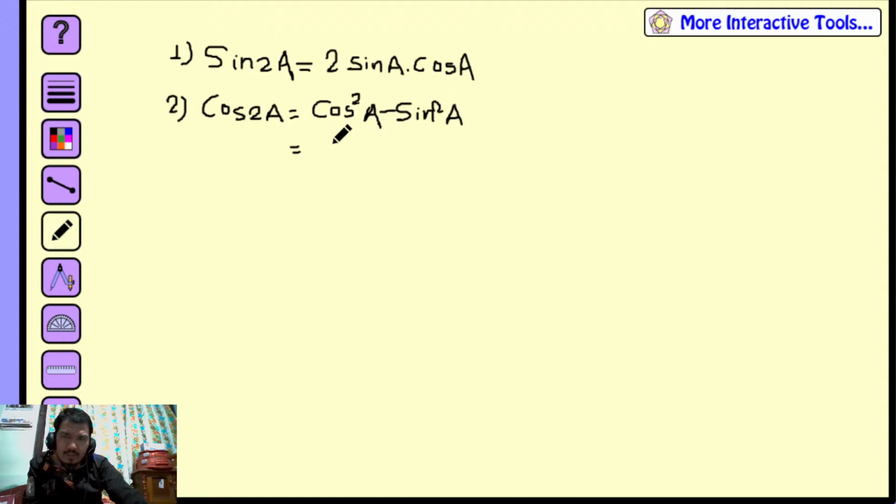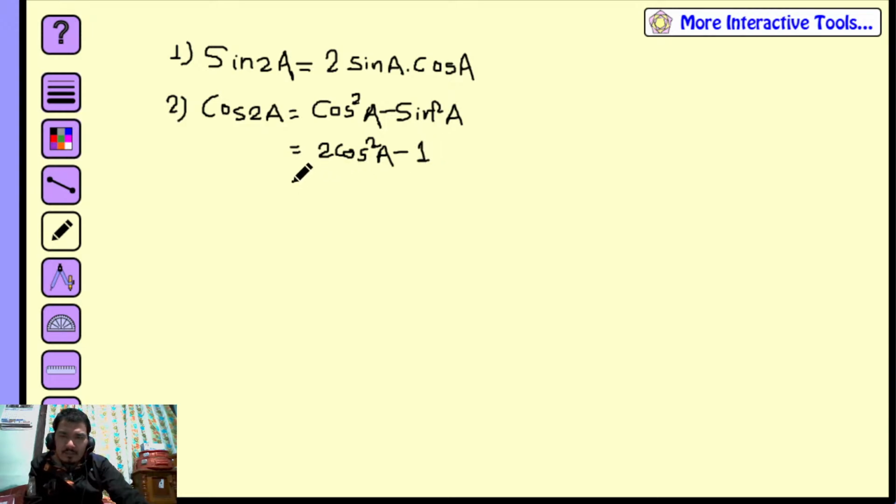We have to write this in terms of cos A only, then it will be 2 cos square A minus 1.